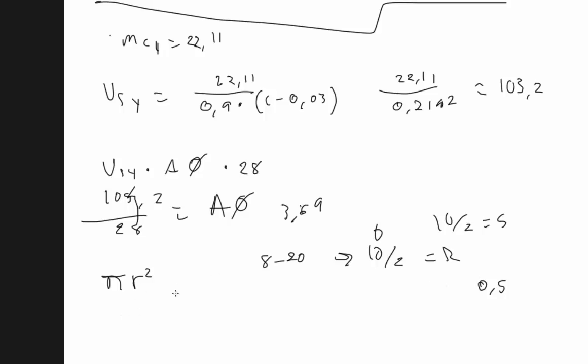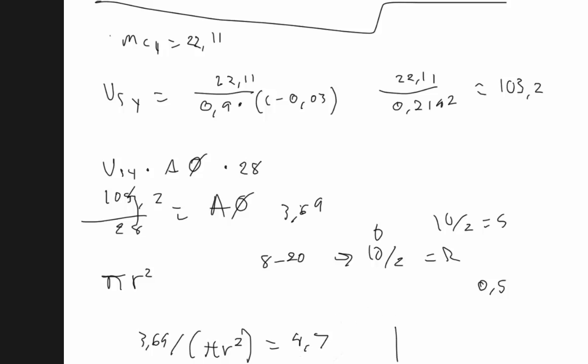So we take 3.69 divided by pi times 0.5 squared, which is equal to 4.7.